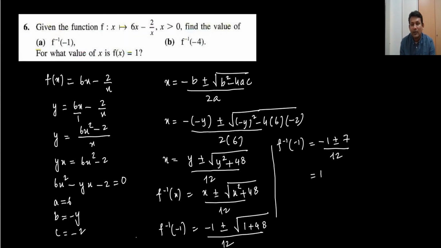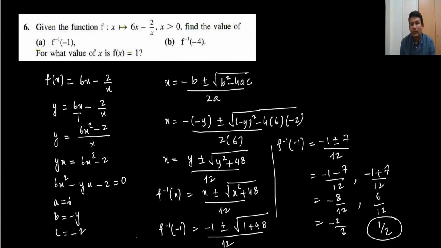I will write it one time: minus 1 minus 7 upon 12 and minus 1 plus 7 upon 12. So this is minus 8 upon 12, which is negative 2 upon 3, and the other answer is 6 upon 12, which means 1 upon 2.